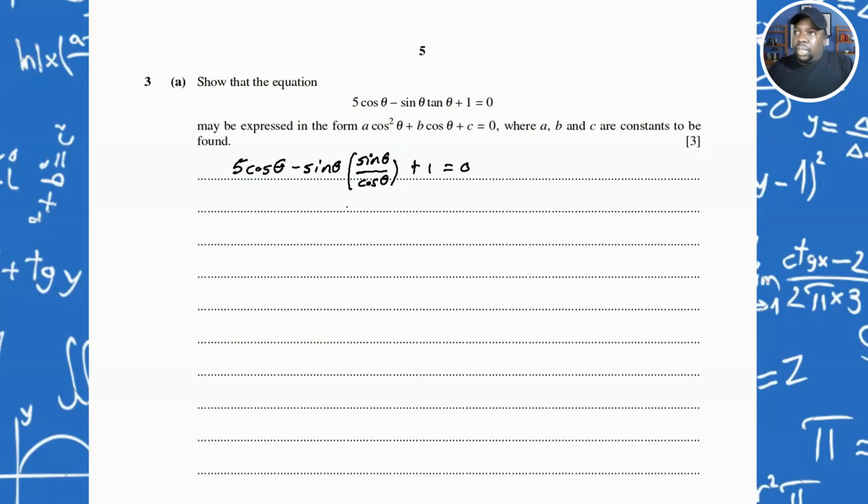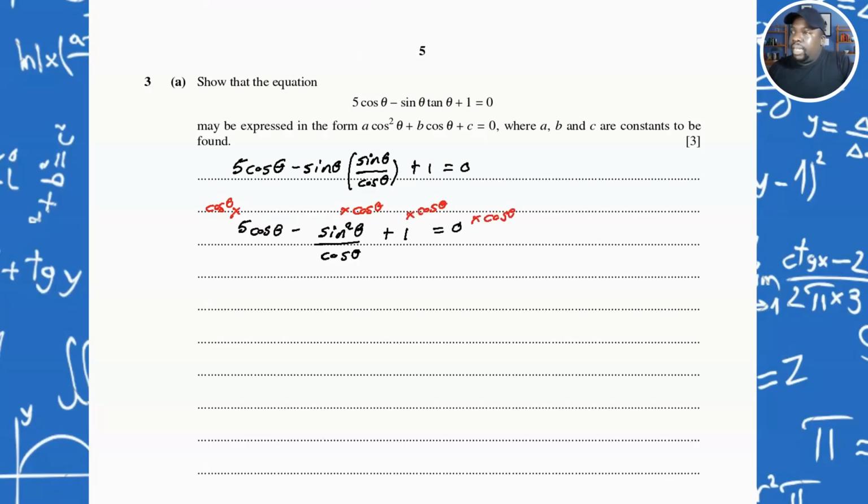So basically we have 5 cos theta minus sine squared theta over cos theta, plus 1 equal to 0. Multiplying each term by cos theta, so that we get rid of the fraction.